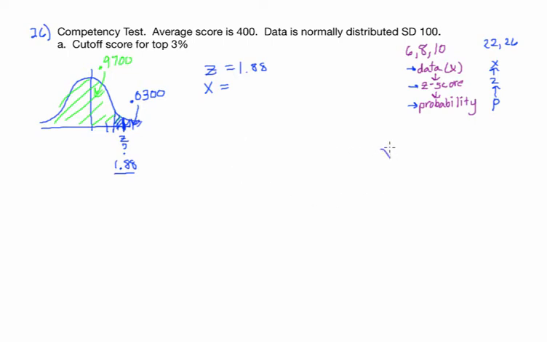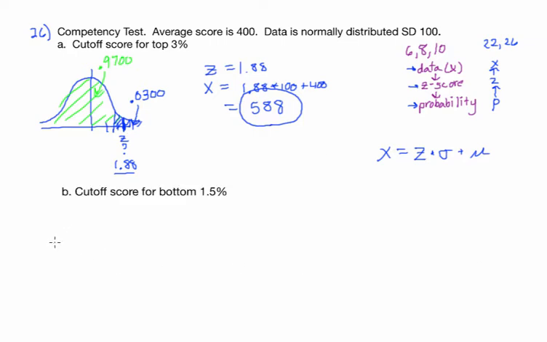The formula is you take the z-score, times it by the standard deviation, plus your mean. So that data value is 588. That's the cutoff score to be in the top 3%.